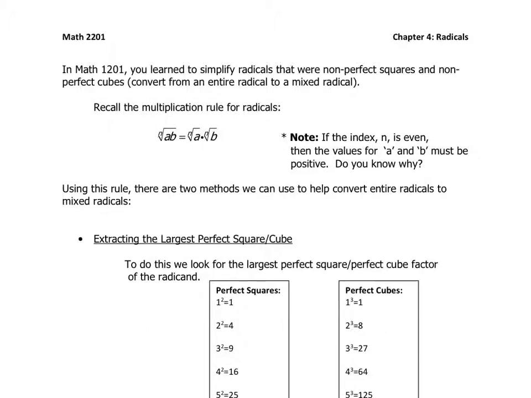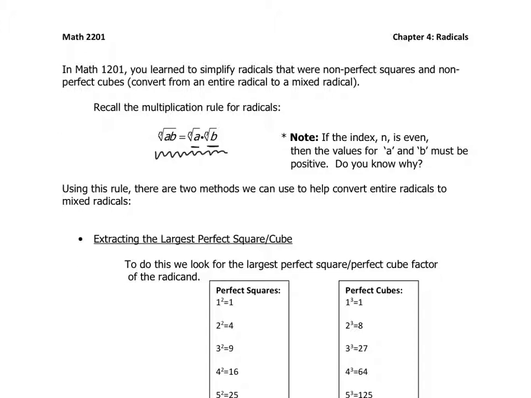Okay, in Math 1201, we used a multiplication rule for radicals to help us simplify radicals. So we're going to be using that again now. I'm going to be reviewing that. But basically, the rule for radicals is if you have the nth root of a number, and you can break it down into two smaller parts, basically. So if you had the nth root of a product A times B, you could break that down into the nth root of the first part times the nth root of the other part.